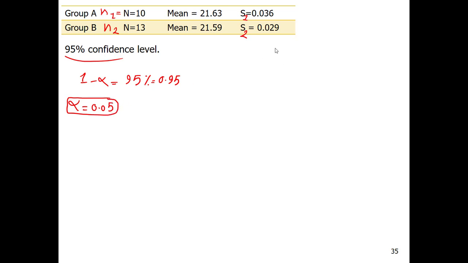So my null hypothesis is that the standard deviation for the two groups is the same.